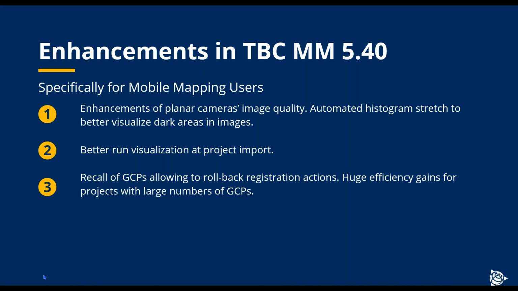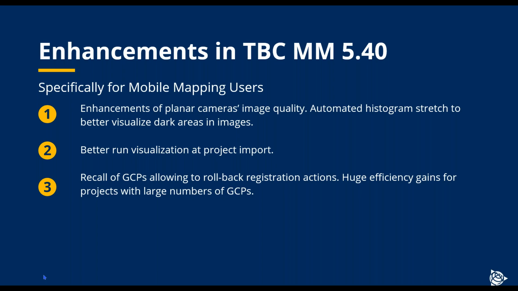Also, we are continuously working on user experience improvement, and now TBC allows you to visualize runs in a better way by automatic coloring of the runs. So it allows people to manage their projects and their data in a better way.